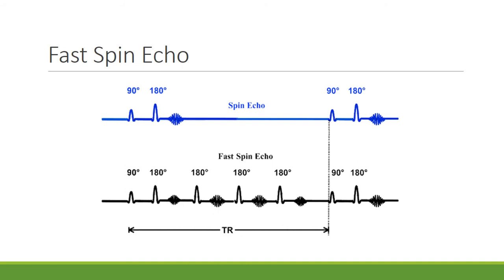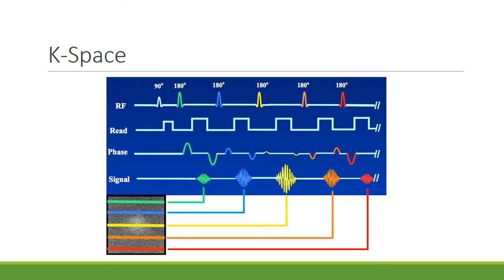And these echo signals are encoded with different phase encoding steps. Therefore, each echo fills one line of the k-space.